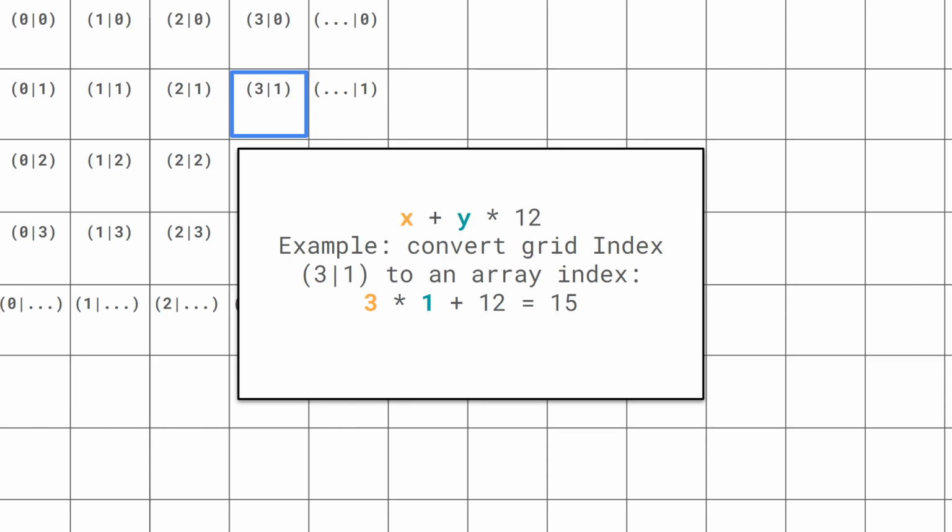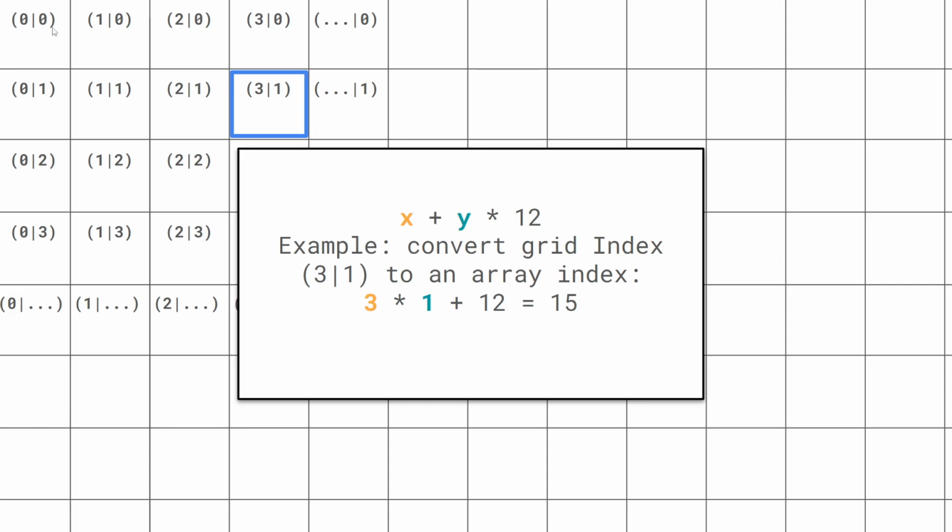In this case, we're going to use the index 3, 3. And if you look at the formula, you get 15. 15 will be our one-dimensional index where we need to put our shape. And if we count that, we can actually see that this is right.